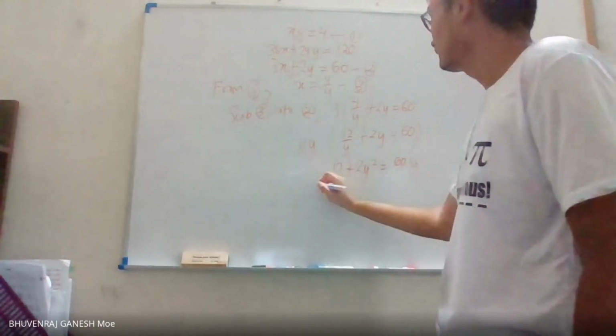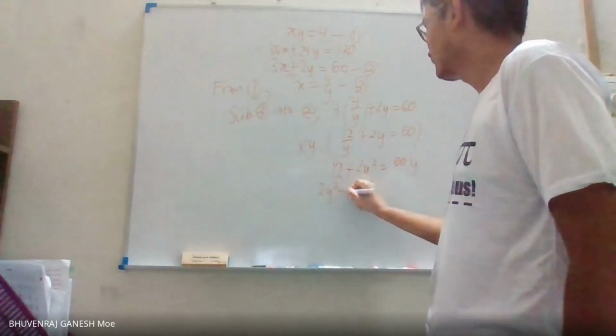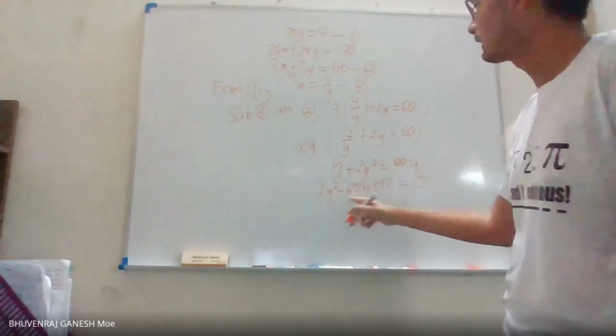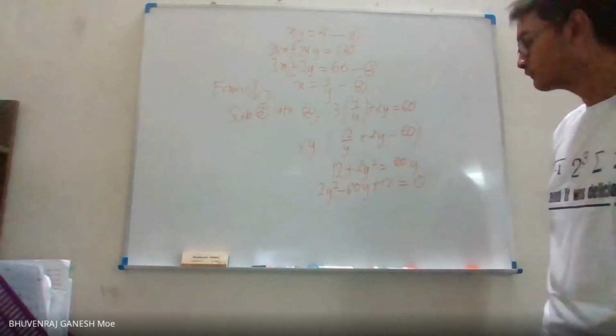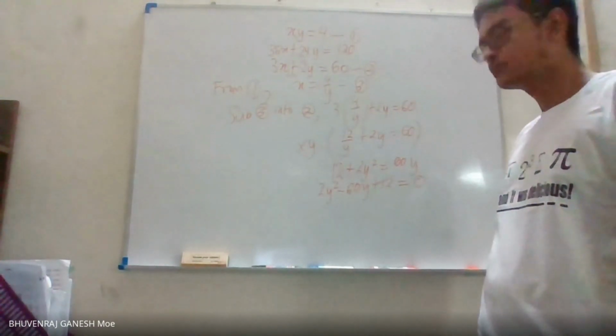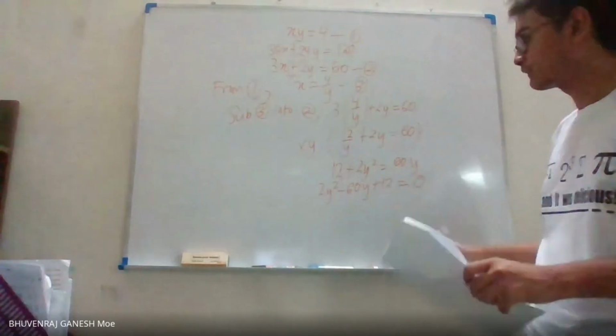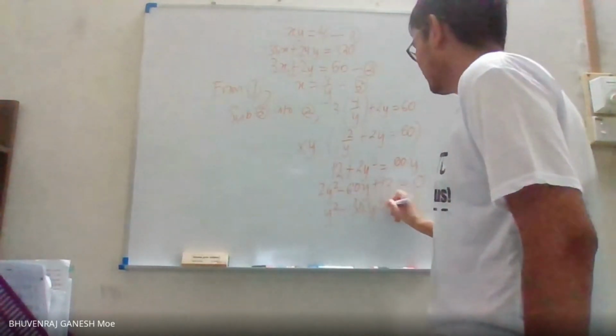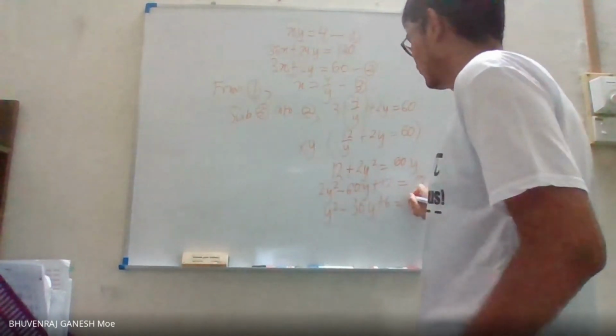So we shift here. 2y squared minus 60y plus 12 is 0. And then what is the thing we can divide the whole equation with? By 2. Yeah, good. So y squared minus 30y plus 6 equals 0.